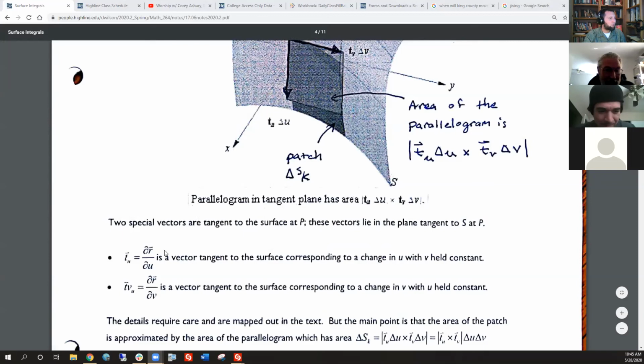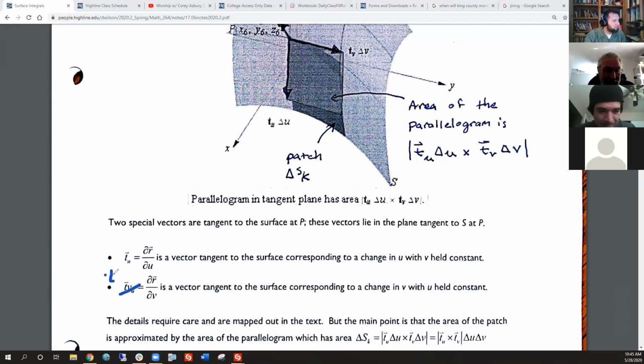Other books would use R_U, but the formula for T_U is the partial of R with respect to U. This should say T_V. The formula for T_V is the partial of R with respect to V.